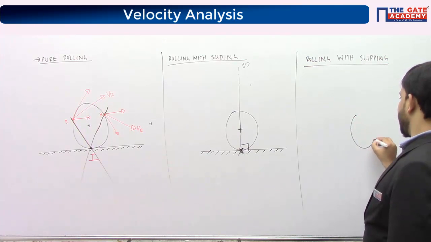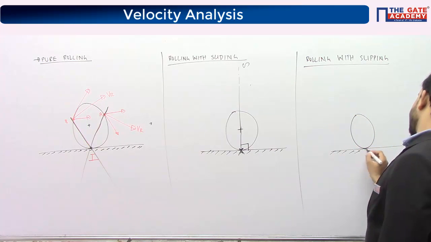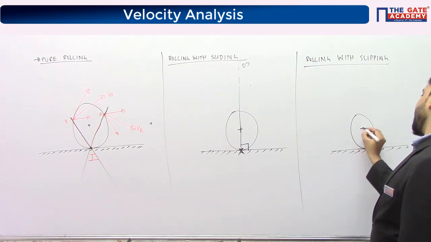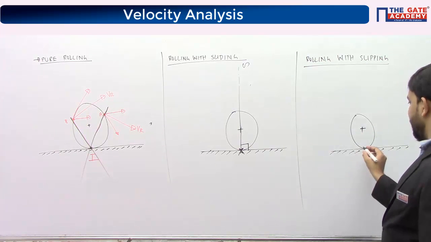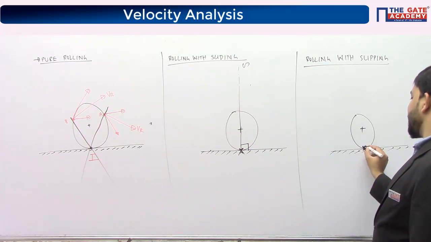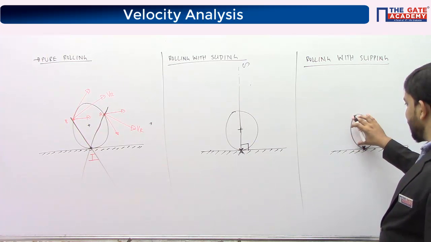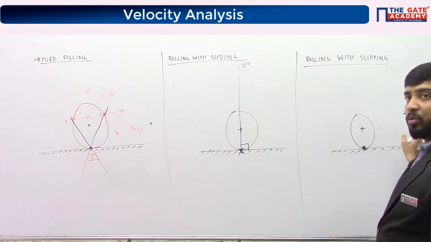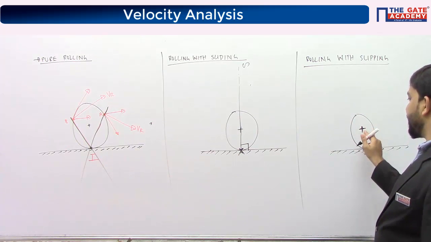So where does the I center lie for rolling with slipping? Whenever a disk is undergoing pure rolling motion, the instantaneous center lies at the point of contact. Whenever the disk is slipping, it rotates about the same center but does not move forward. So now the disk is slipping, the instantaneous center lies at the center.